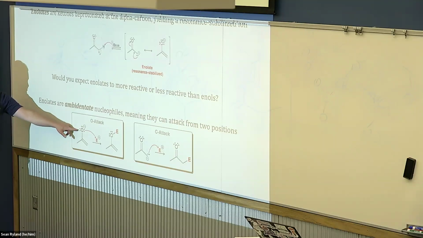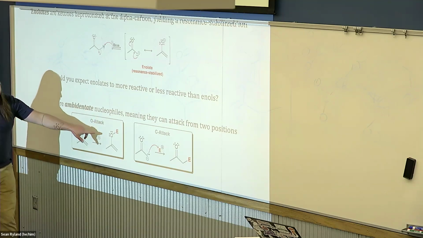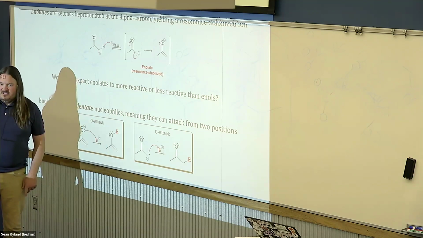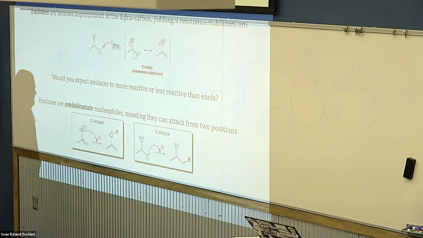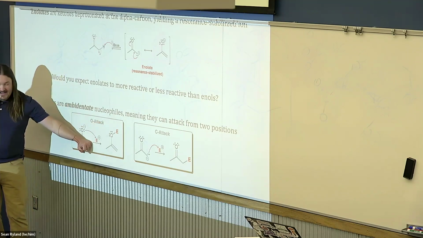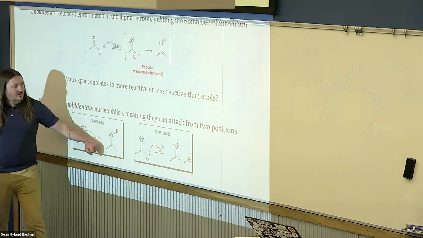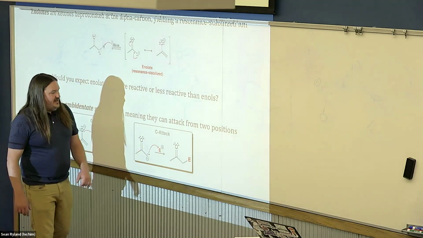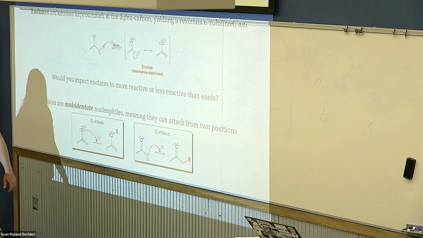So it's a stronger partial negative on the oxygen, which makes it a better nucleophile. But generally speaking, an oxygen bond to something else is less stable than a carbonyl core. So that's the kinetic approach. But the carbon attacking is going to give us the thermodynamic product.